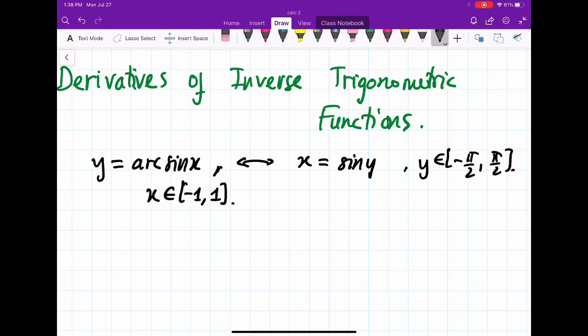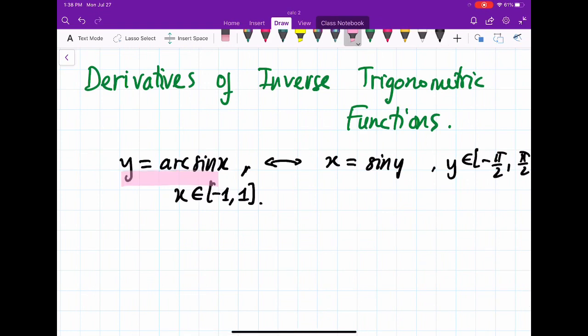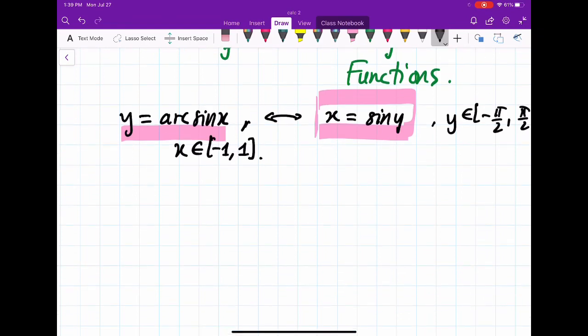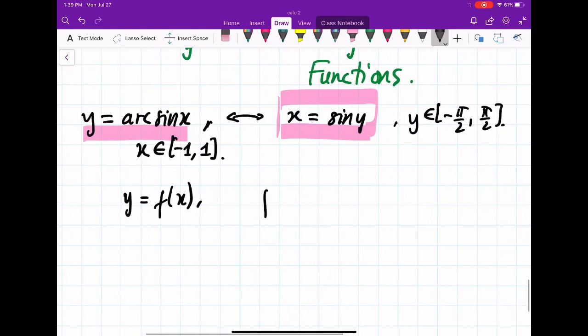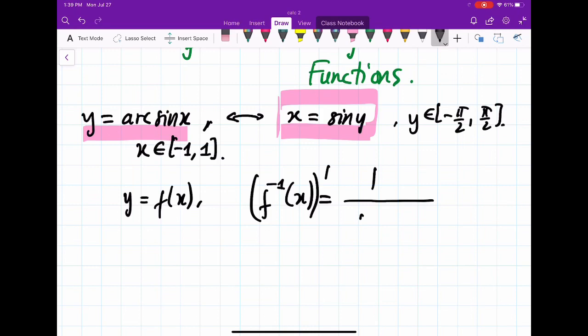Okay, we need to find the derivative of this function using the derivative of the sine function, because we know that when we study inverse functions, if you have a function y equal to f of x that is differentiable, then the derivative of the inverse function can be found by this formula: 1 over the derivative of the function evaluated at the inverse.